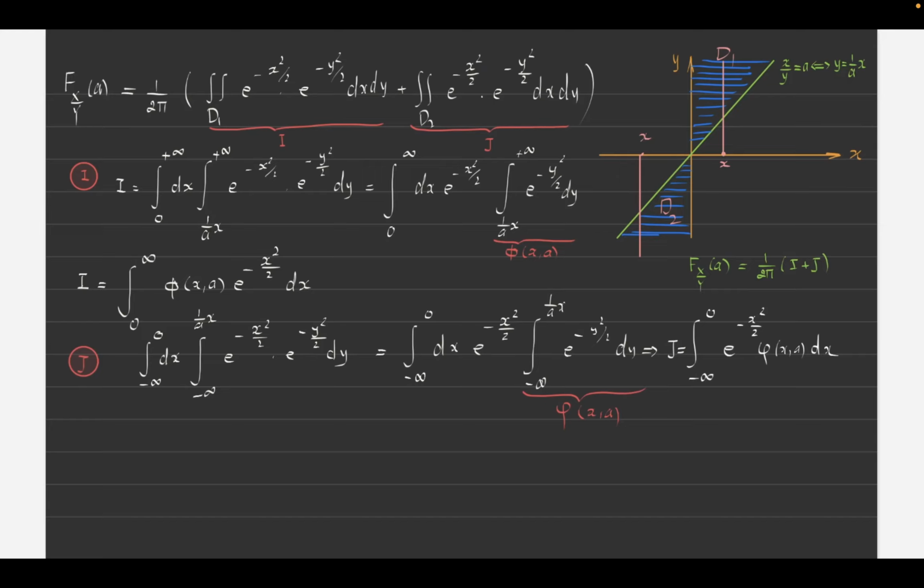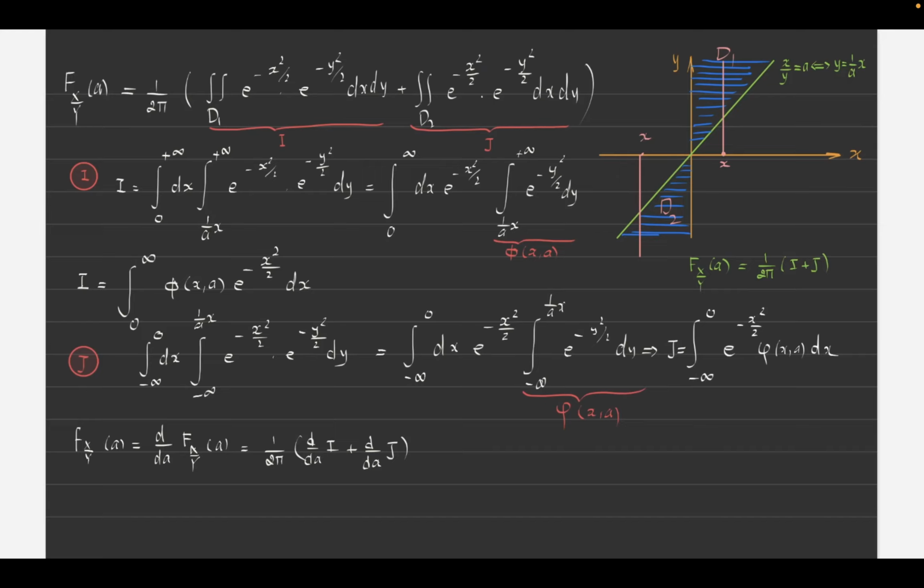So if I am interested in calculating little f of x over y at a, this becomes d/da of capital F of a, which means I have to write 1 over 2 pi times d/da of I plus d/da of J. So I am calculating the derivatives of these.